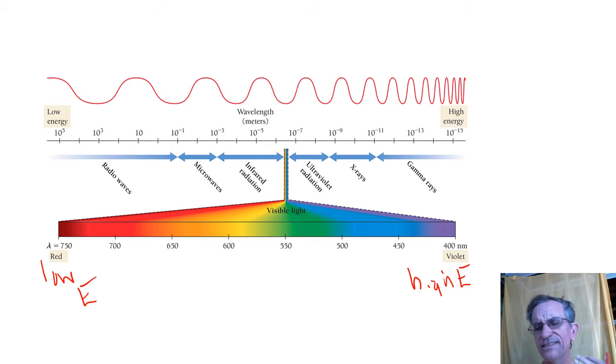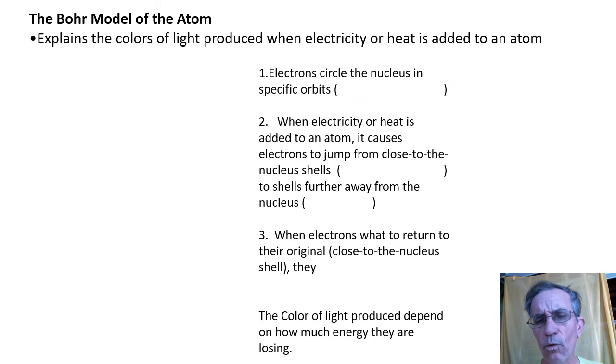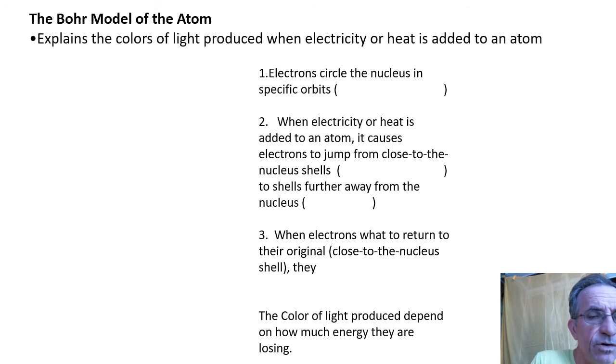So the reason we see colors of light coming from these elements, well, a guy by the name of Niels Bohr figured out why that is happening. He figured out that it has something to do with electrons and the way they're arranged in an atom. He said, I know in an atom there's the nucleus, where your protons and your neutrons are.